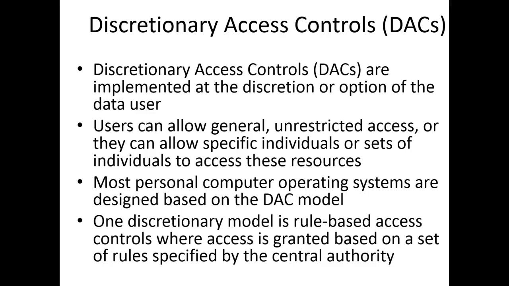For instance, a user can have a hard drive containing information that needs to be shared with office workers, so the user can allow a specific individual to access the drive by listing their names in the share control function. Most personal computer operating systems are designed based on this discretionary access control.